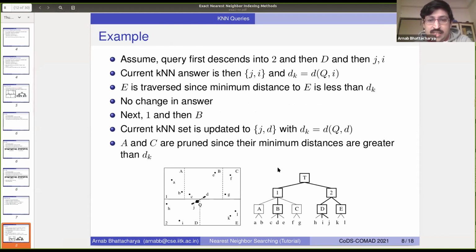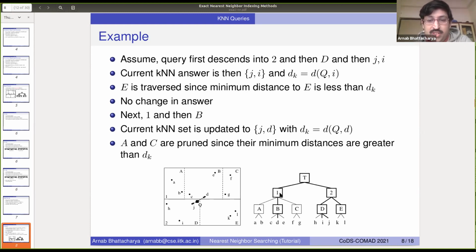So here is an example. We go back to the toy example that I had. Suppose this is a point Q, as you can see, and I want to find two nearest neighbors. The answers are J and D, right? I mean, just by visual inspection, I can tell you that the answers are J and D. But let's see how it will actually be found. You start from T, because that's the root, and you have no answers yet.